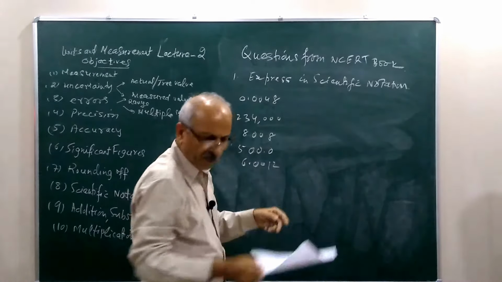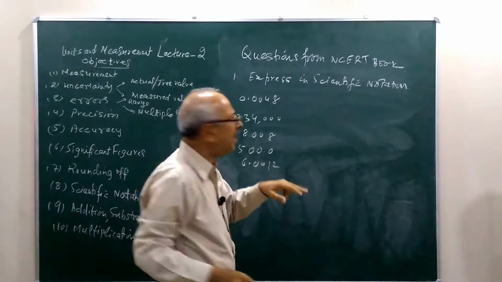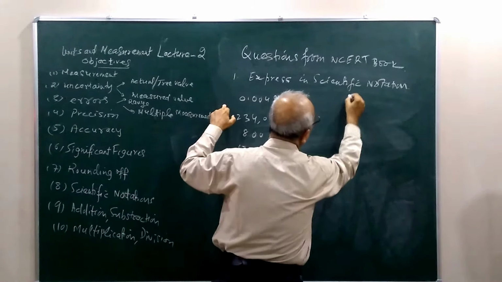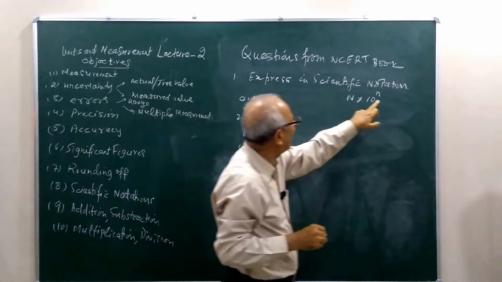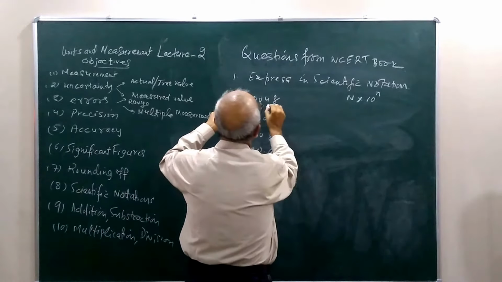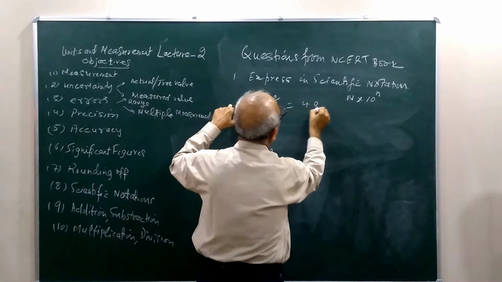Now scientific notation means, as we have told you, the number is expressed in this form: a number between 1 and 10 multiplied by a power of 10, where the power is an integer. Here the number between 1 and 10 will be 4.8.